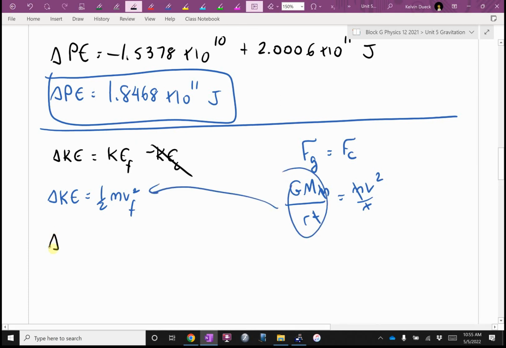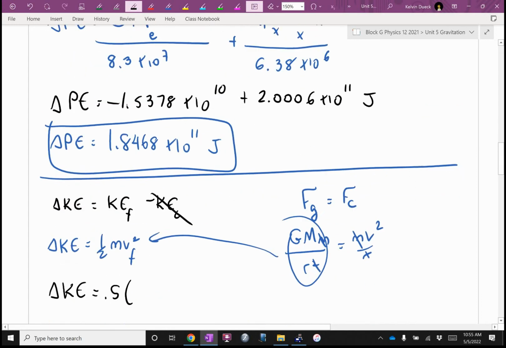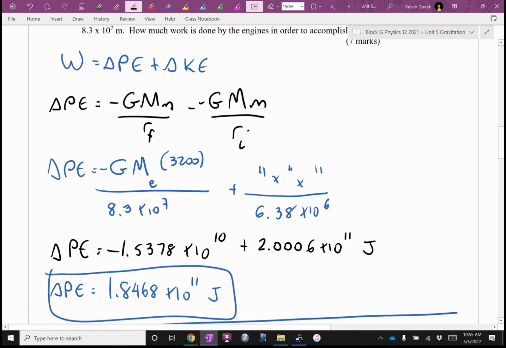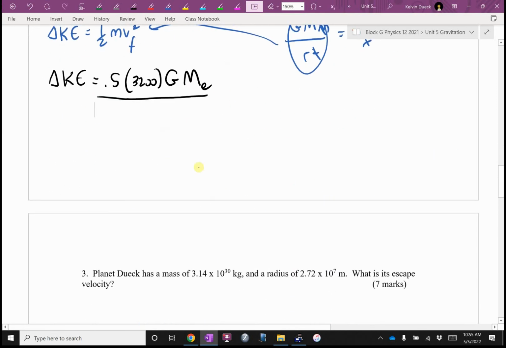I'll get the change in kinetic energy is equal to 0.5. What was little m? 3200 times big G, mass of the Earth, all divided by 8.3 times 10 to the 7th.